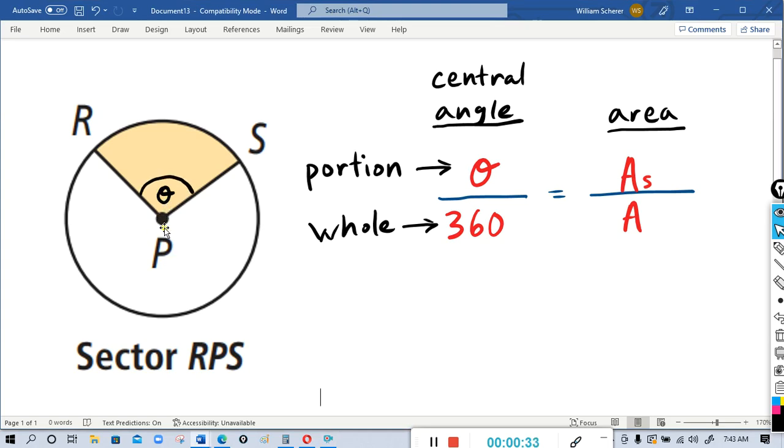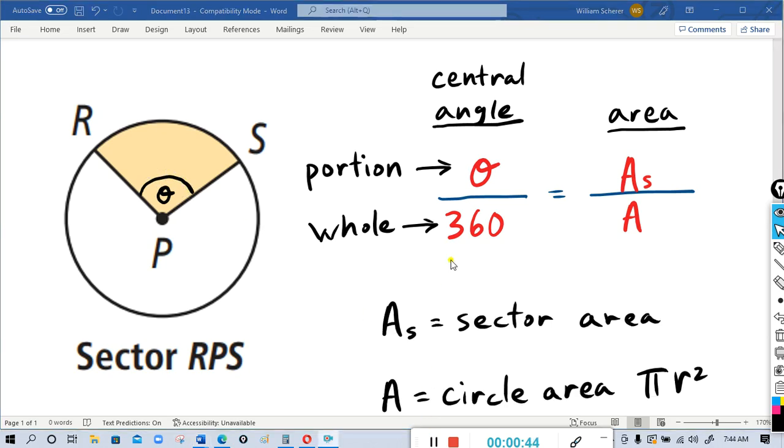that has its vertex at the center of the circle determines what portion of the circle the sector area actually covers. So as a result, we can set up a ratio and proportion between the angles and the area.